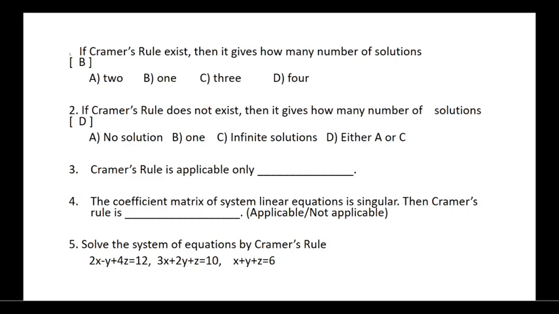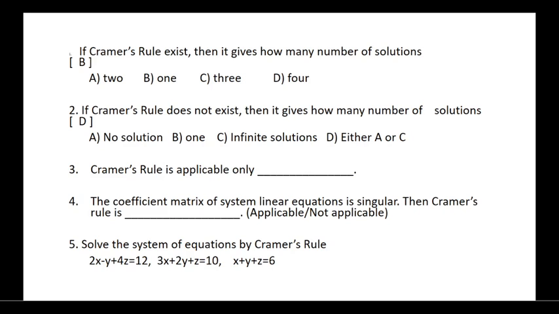In the given system of equations, if you write in matrix form AX = B, the matrix A is called the coefficient matrix, X is called the unknown matrix, B is called the constant matrix. So here delta represents the determinant of the coefficient matrix.